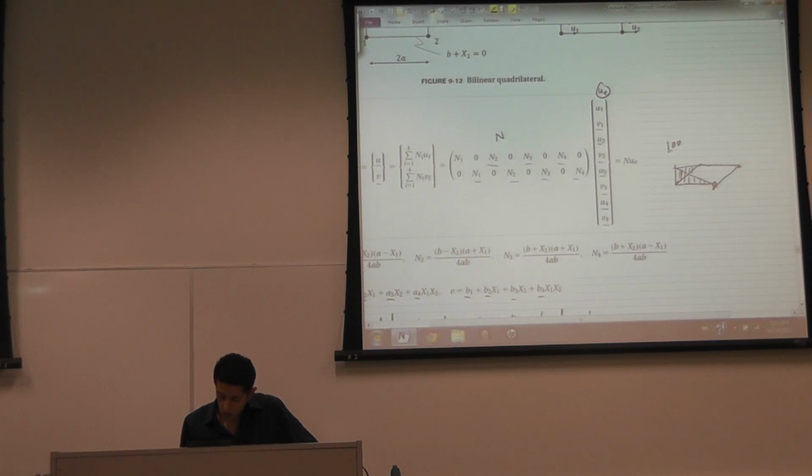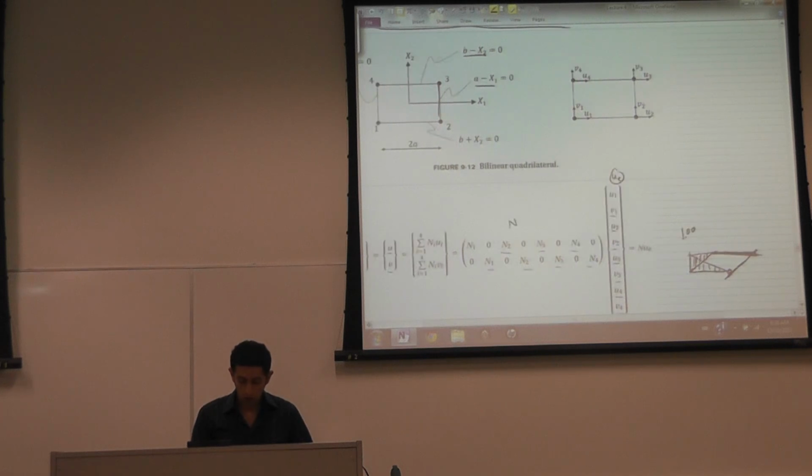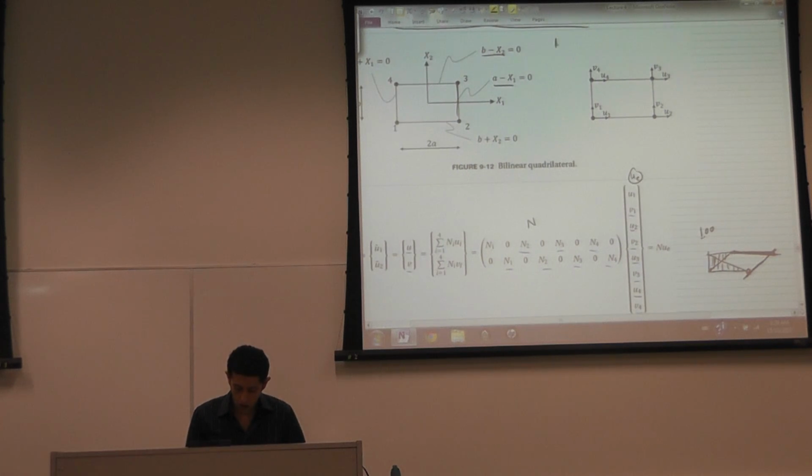So n1 will be equal to multiplying the equations of those two lines by each other. The equation of this line is b minus x2. The equation of this line is a minus x1. We multiply b minus x2 by a minus x1 and divide by a constant, just to normalize it, because I want n1 to be equal to 1 at node 1.